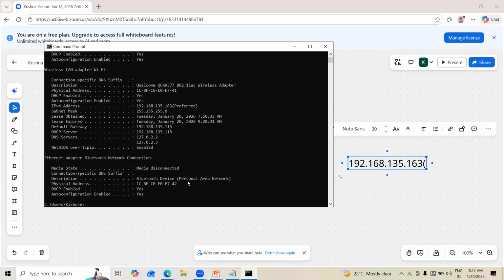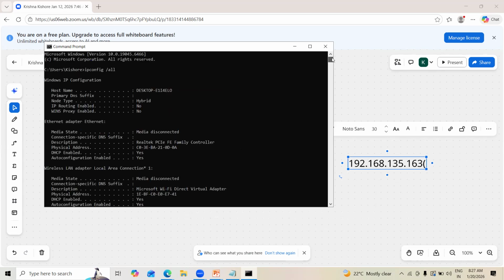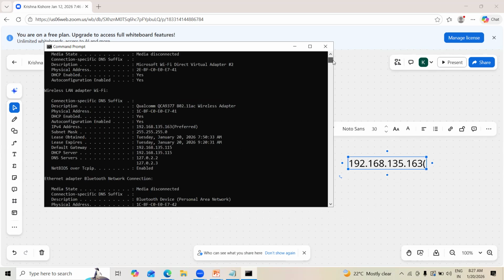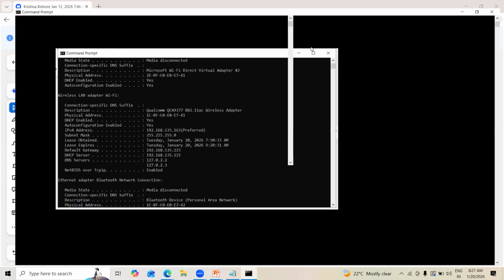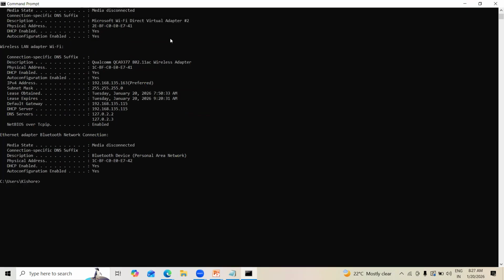You can see it in the IPv6 format also. Where is that? IPv6 is not shown here, but previously it was there. I'll show you.